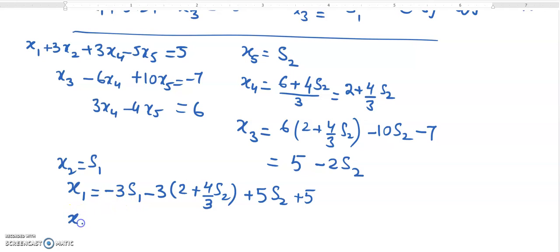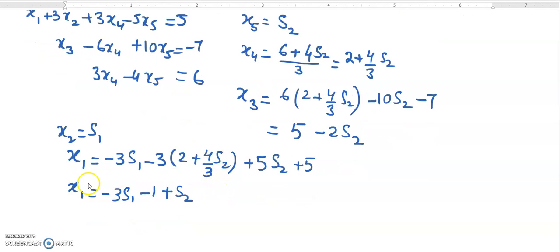So we can simplify it: minus 3s1, and then minus 6 plus 5 is minus 1, and then minus 4s2 plus 5s2 is plus s2.